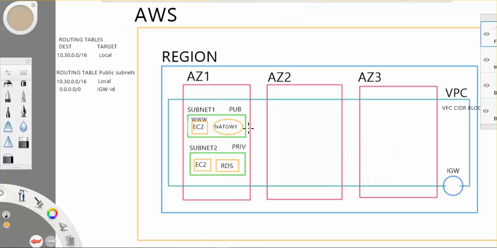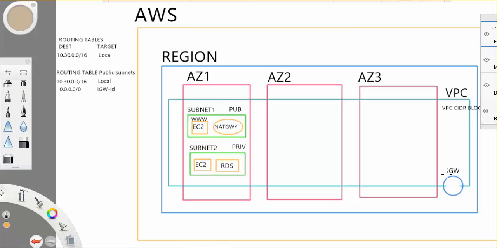So what's going to happen here, when it comes to any EC2 instance that is located in a private subnet, in the public subnet that is located in the same availability zone as your private subnet, you're going to place a device called the NAT gateway.